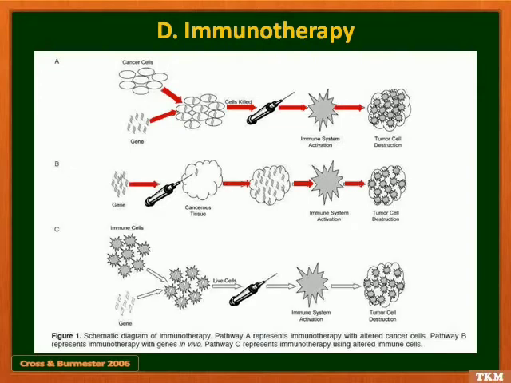There is one more approach in which immunotherapy is used by altering the immune cells. The immune cells are altered with a gene so that they can specifically find the tumor cells by activating the immune system, and thus the tumor cells are killed.